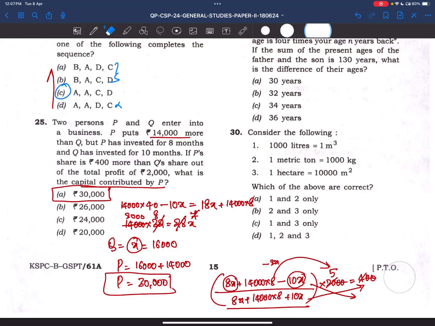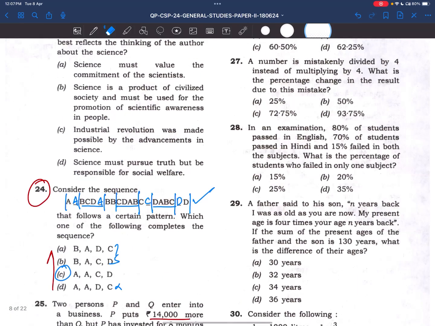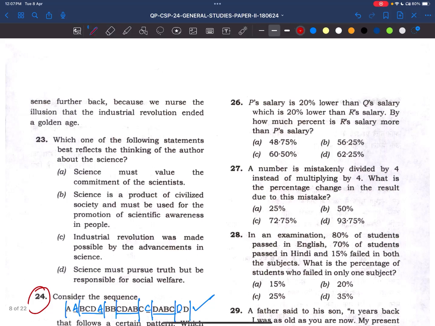Okay, let's move to the next question. P's salary is 20% lower than Q's salary, which is 20% lower than R's salary. How much percentage is R's salary more than P's salary? We'll take Q equal to 100 rupees salary.